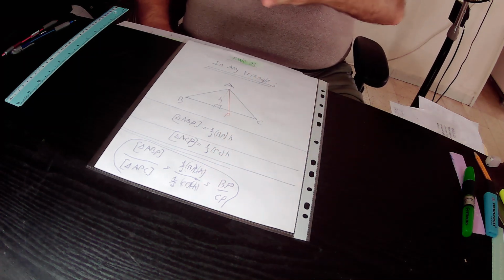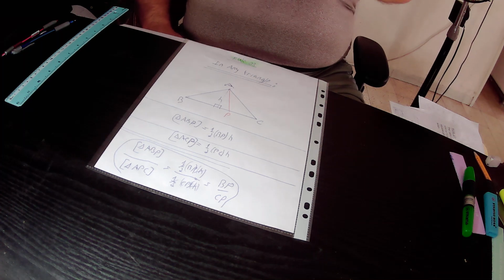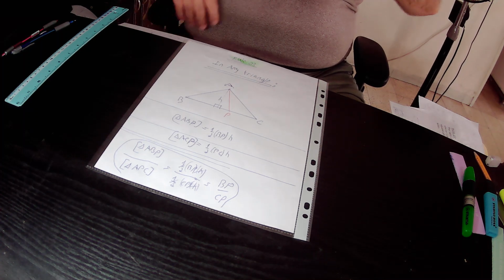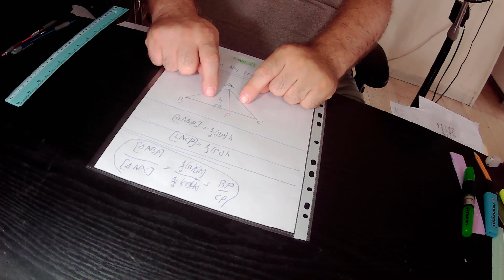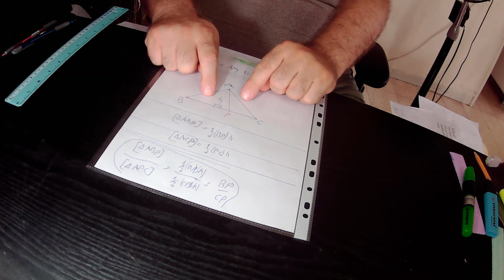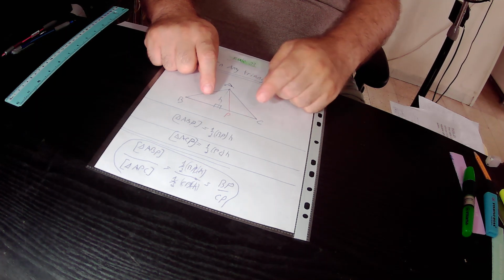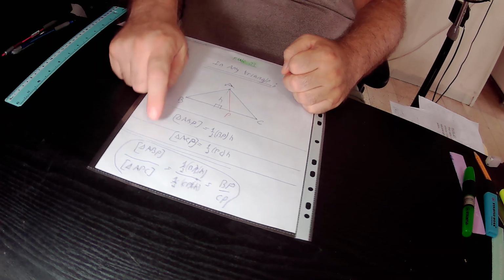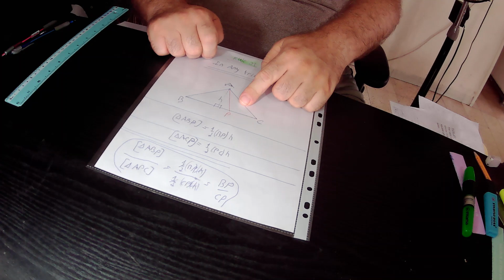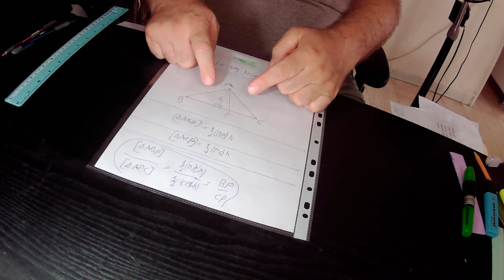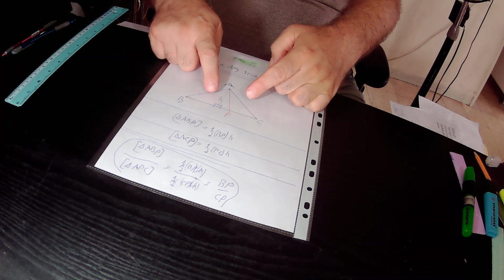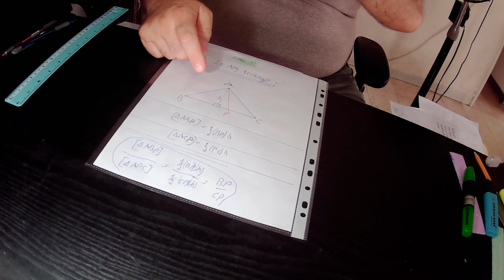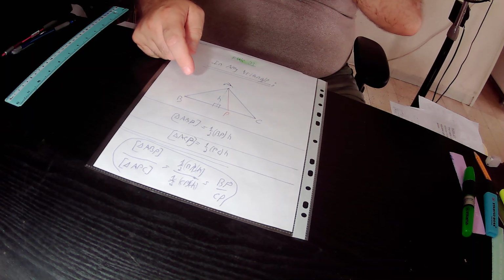That is to say, from this equation we can conclude that the ratio between the areas of those two smaller triangles created by line segment AP is equal to the ratio between their corresponding bases.